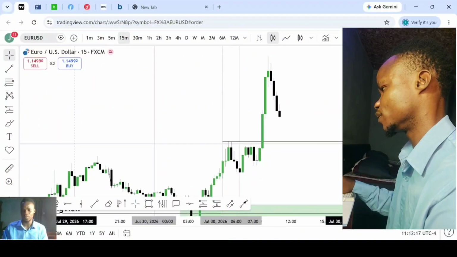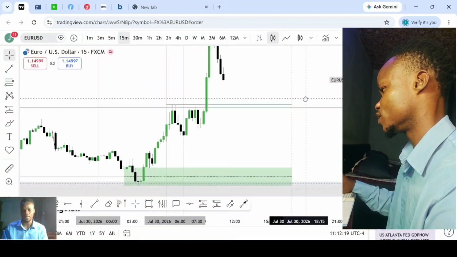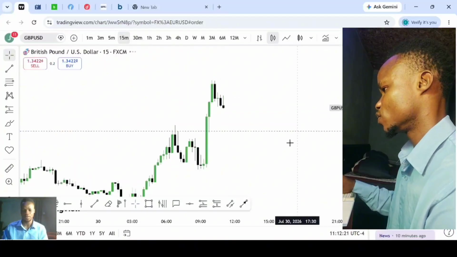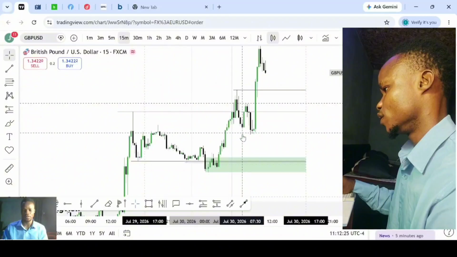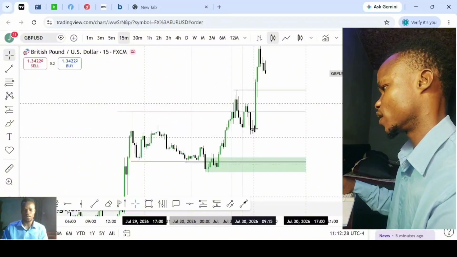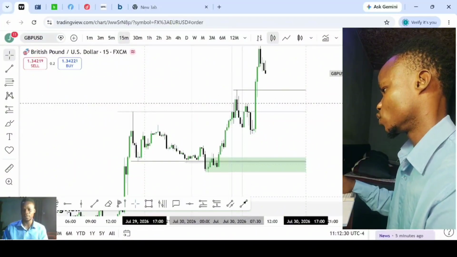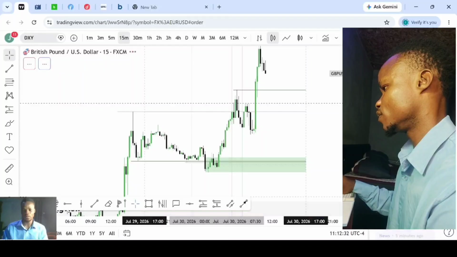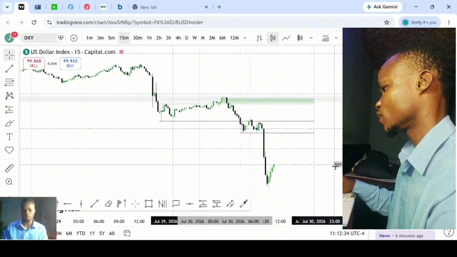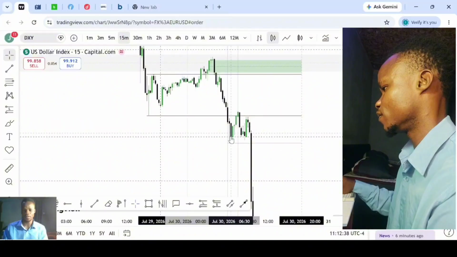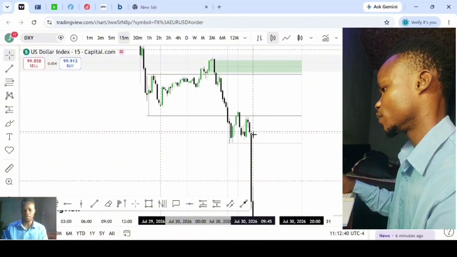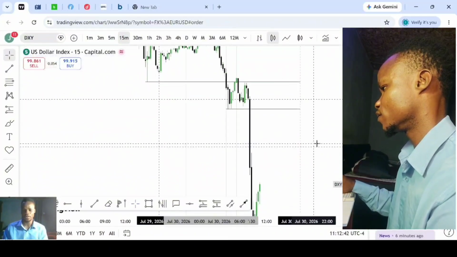The same thing happened on the other currency, GBP/USD. As you can see, we have this little retracement, then price breaks out from this area. On DXY too it is the same thing. We have a breakout from here, then a little retracement, then price continues to the downside.